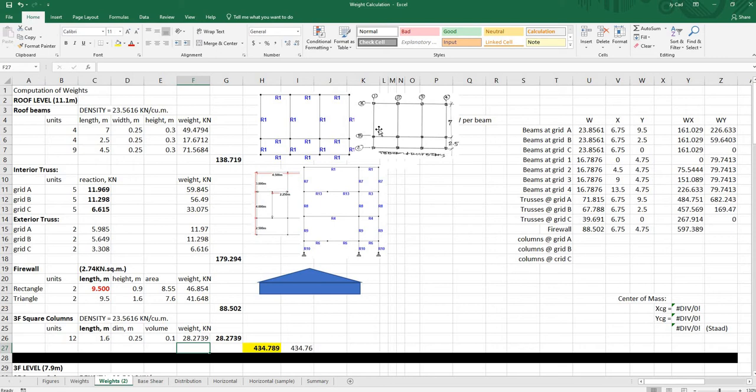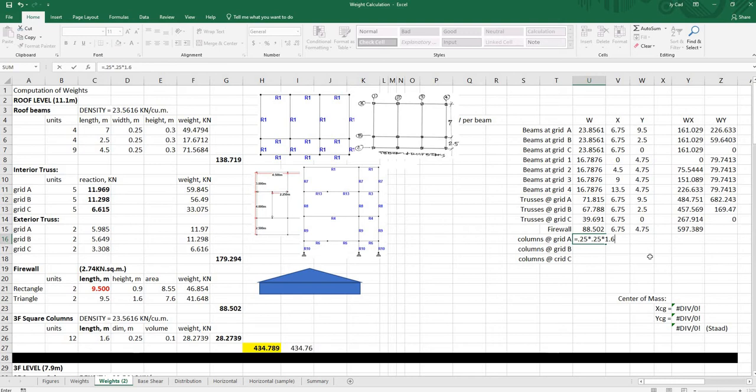Okay, but be careful. Ang distribution nito, or ang centroid nitong 12 columns, ay hindi sa gitna, no? So, kunin na lang natin yung nasa grid A as 1. So, that is simply 0.25 times 0.25 times 1.6.